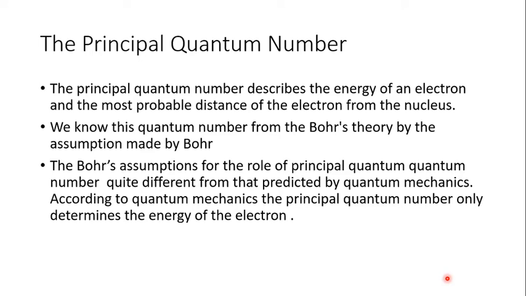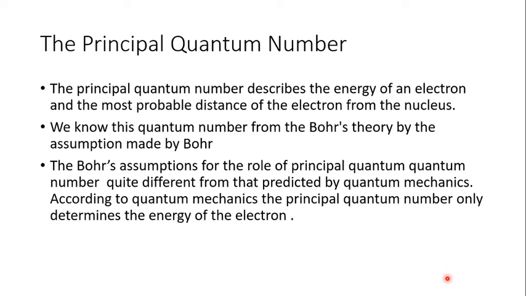As we have seen in Bohr's orbital theory, the electron revolves in a specific orbit around the nucleus. So we know that there are various orbits, and in a specific orbit the electron revolves, and we denote it by n. Okay, so we have got that idea from Bohr's theory.